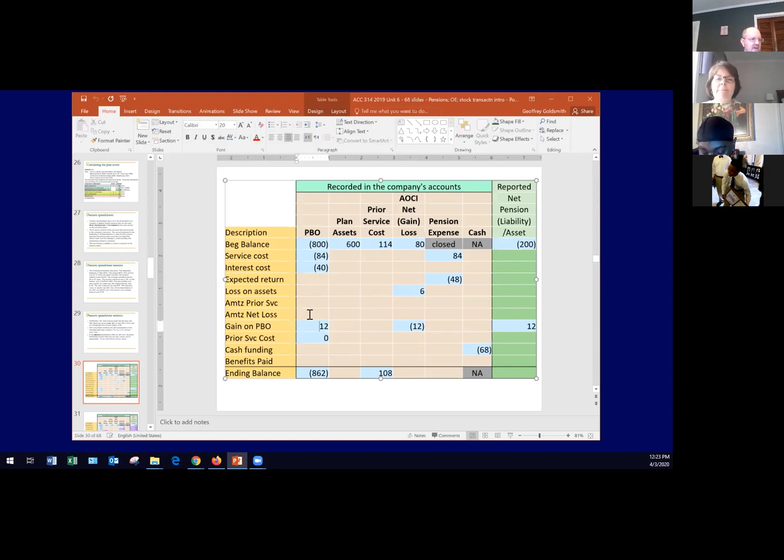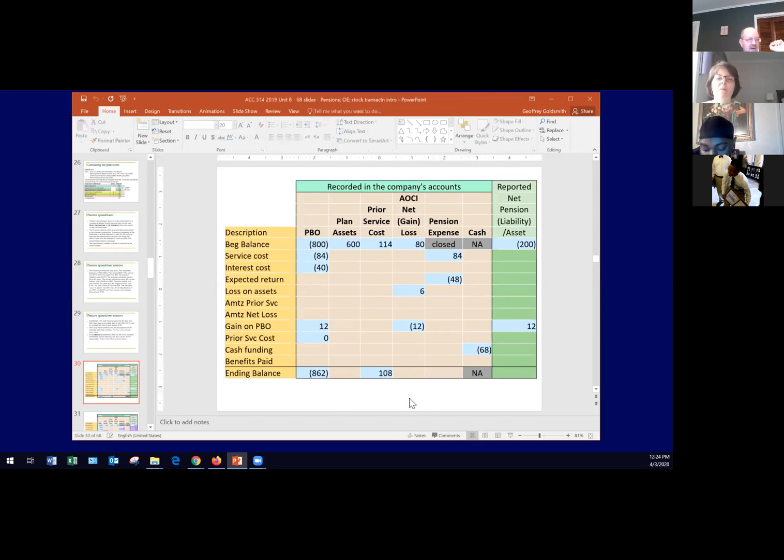Prior service cost, there's no new prior service cost, so that doesn't change the PBO. They already had 114 million that's being amortized, and then the cash funding was given. The company invested $68 million of cash into the plan, and we're given the ending balance of the PBO is 862, and the ending balance of the prior service cost is 108. So those are the numbers that were given, and from that, we can use it like a puzzle to solve for the missing pieces.